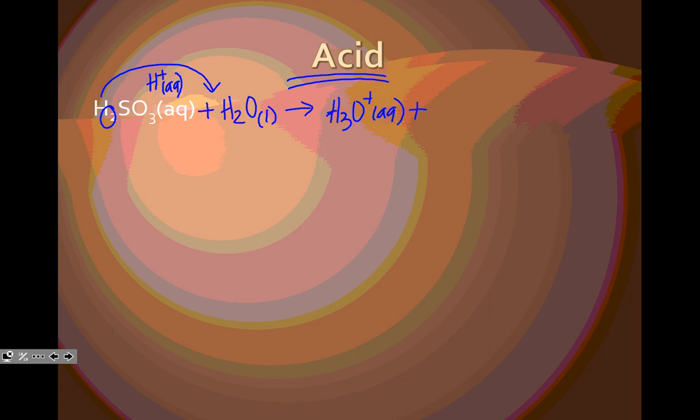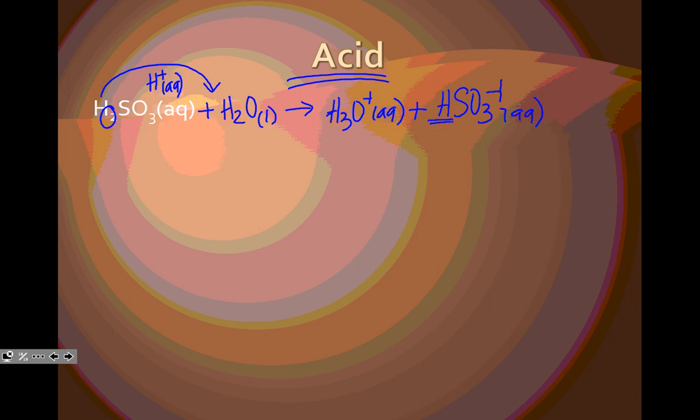Plus what happens here? We have 1 hydrogen left because only 1 reacted. HSO3, and what's the charge on this, kiddos? Right, it's going to be -1. Does that make sense? Because I lost a positive charge and it was neutral. If I take away a positive charge, I'm left with a negative charge, right?